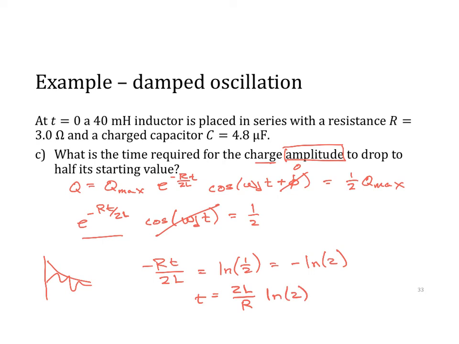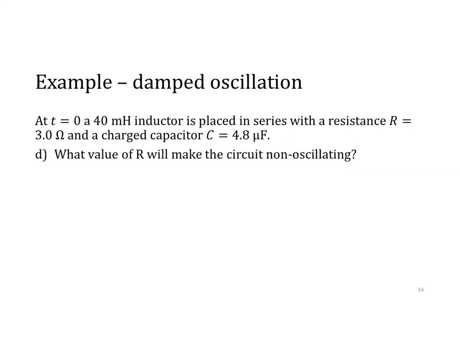So t equals 2L divided by R times the natural log of 2. And when we plug in the numbers that we have, I'm going to get something in the neighborhood of 18 milliseconds as my answer. So that's the time required for the charge amplitude to drop to half. And this is my argument for using the exponential, because we're talking about amplitude.